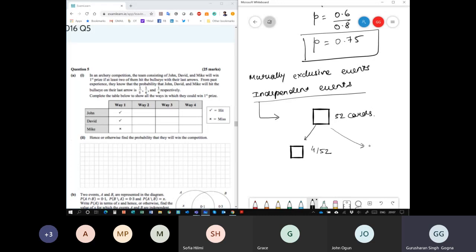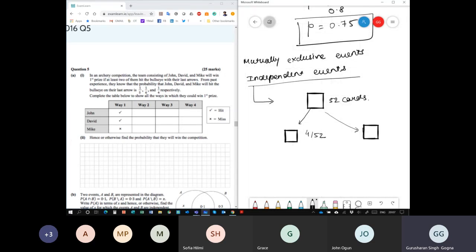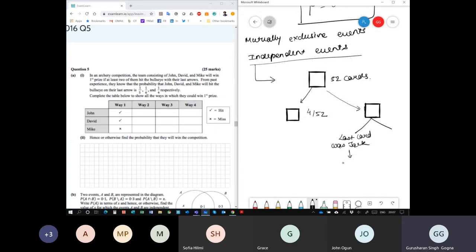Then I take another card and I'm asking you again, what is the probability of getting a jack? Now there are two possibilities. The last card was a jack. Then the probability would be 3 over 51 now, isn't it?